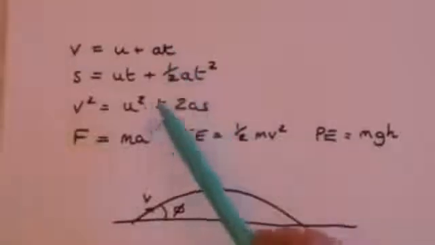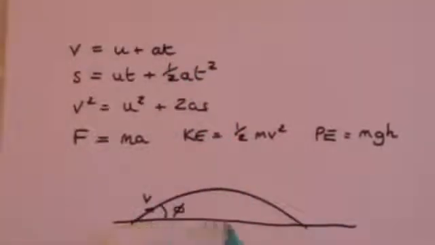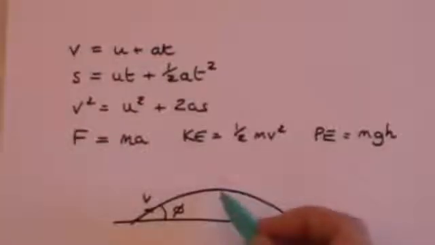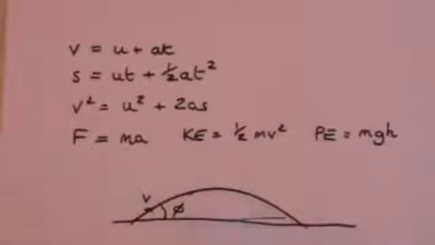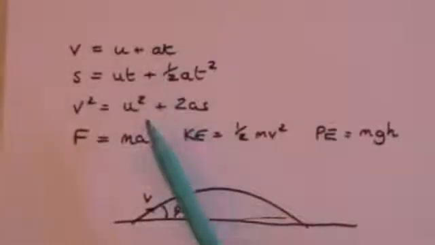Using these formulae, you would be able to tell me the total range, the total height it managed to get above the ground, and at any point I care to mention, the velocity, the kinetic energy, and the potential energy of the ball. You would be able to tell me how long it took to complete its entire journey. In fact, pretty much anything I could ask you, you could tell me simply by the application of these equations.